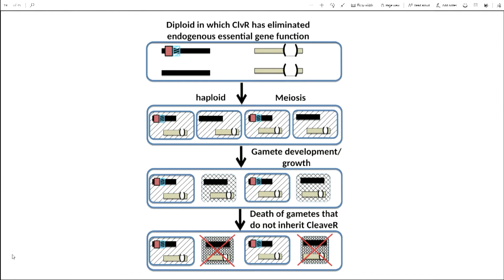And if you walk through the logic of this cleaver element, you'll see that as spores or pollen-like gametes are created, the ones that will survive and be able to fertilize are those that carry the cleaver element, whereas those that lack functional copies of an essential gene, say one required for pollen tube growth, spore formation, et cetera, won't.